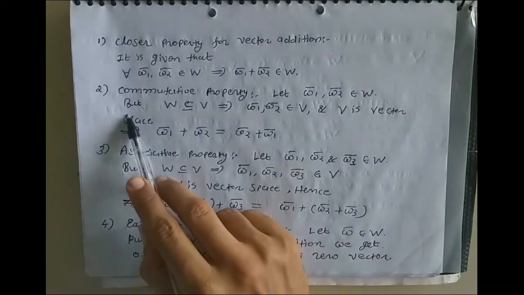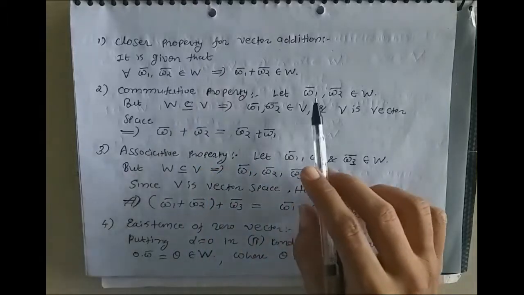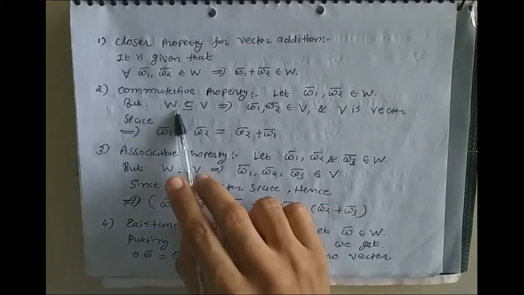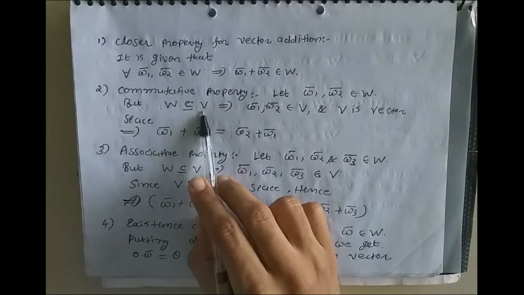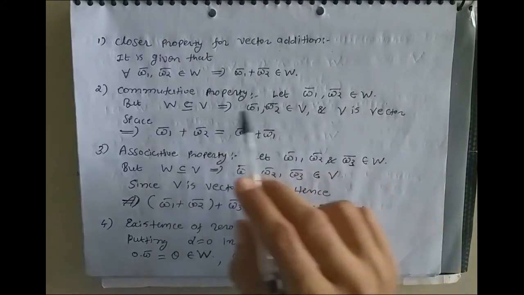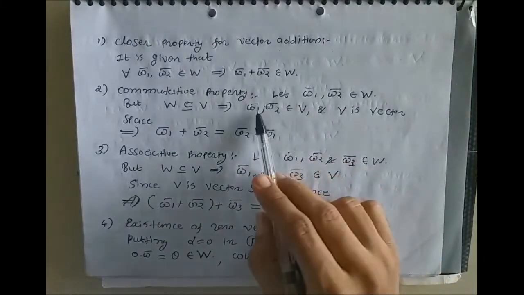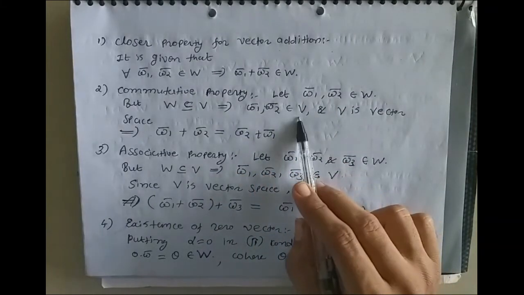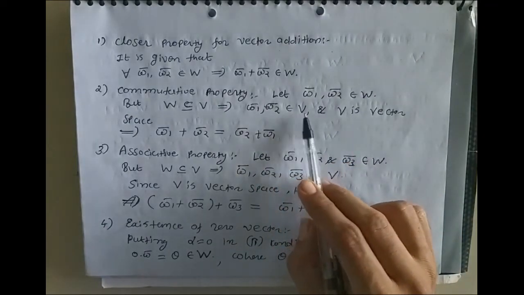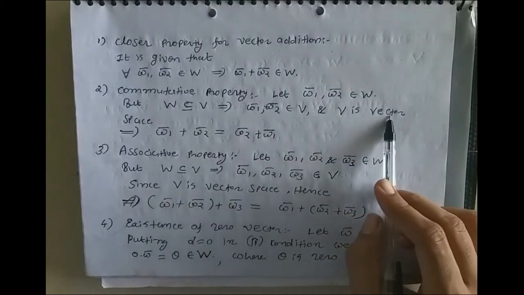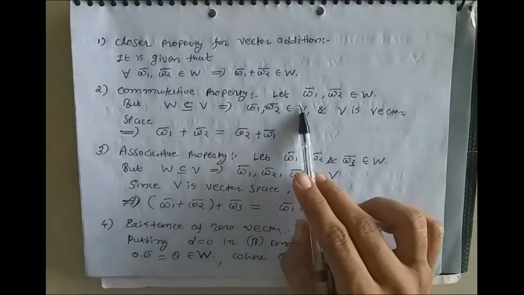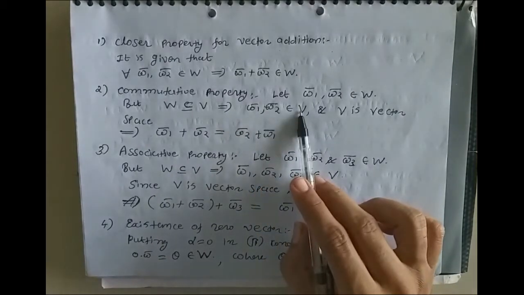Now the second is the commutative property. For that, let us consider two vectors W1, W2 bar belonging to W. Now W is a non-empty subset of vector space V. So these two vectors are in W, but W is a subset of V, so these two vectors are also in V. So W1 vector, W2 vector belongs to V. Now V is already given as a vector space, and these two elements are from vector space V. Hence they satisfy the commutative property.